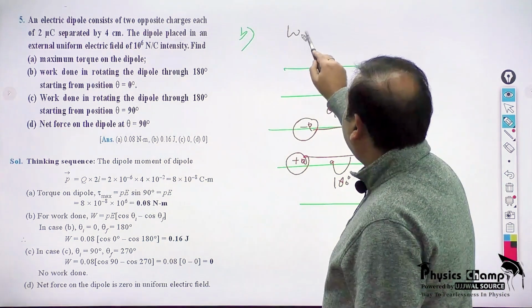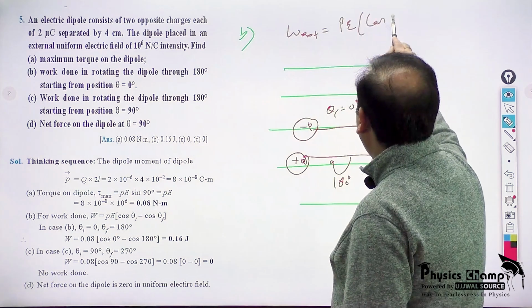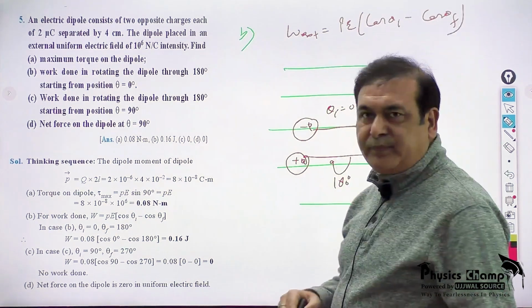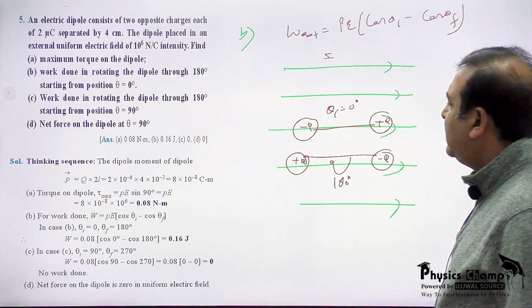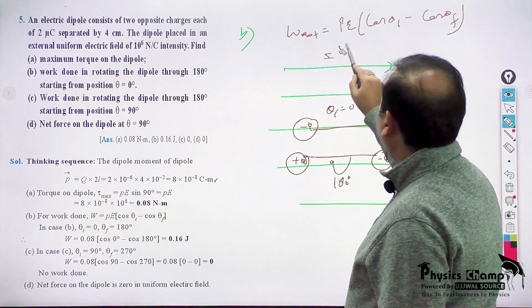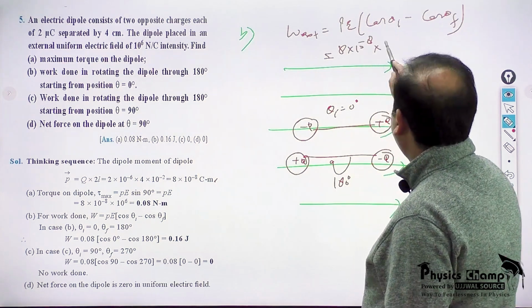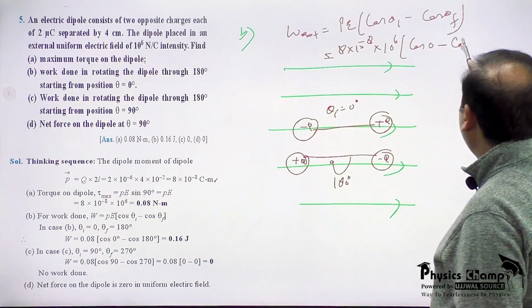So you know the external work we have done is PE into cos theta initial minus cos theta final. Now P is the dipole moment, 8 into 10 to the power minus 8. Electric field is 10 to the power 6. Cos theta initial is cos 0 minus cos 180.